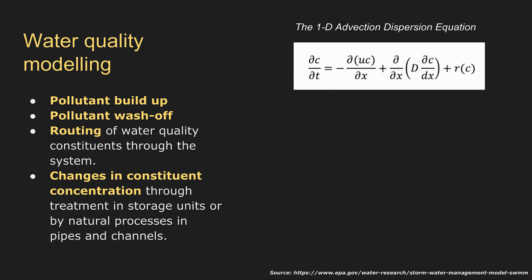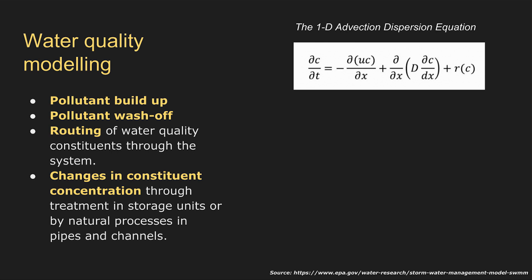Now, for the case of water quality modeling, we are interested in understanding how pollutants change over time, how pollutants disperse in water, how they degrade, how the concentration changes. To do this, we basically use the one-dimensional advection-dispersion equation, which is just saying how concentration changes over time.